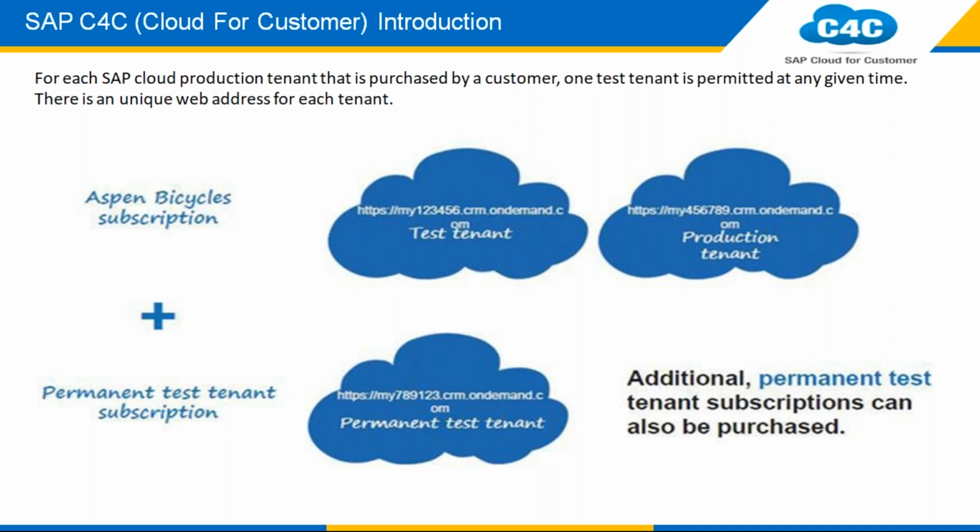Licenses are also bifurcated on the basis of that. Sales Cloud has two more licenses, a standard one or an intelligent one, intelligent sales or standard sales. Similar in the case of service as well. Clear?